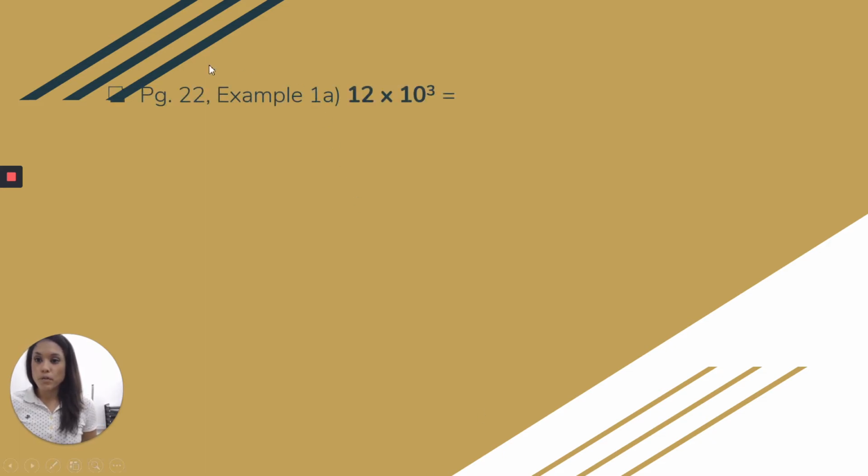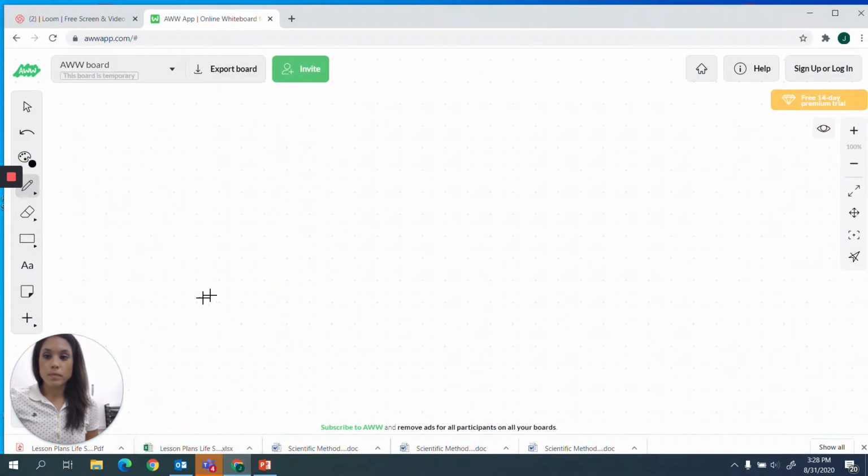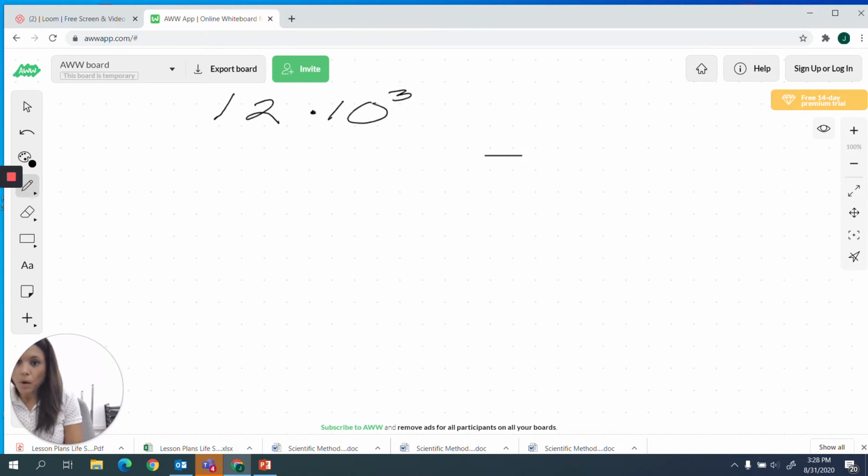We are going to work a few examples, and I'm going to go to my whiteboard. So I'm going to do 12 times 10 to the third power.